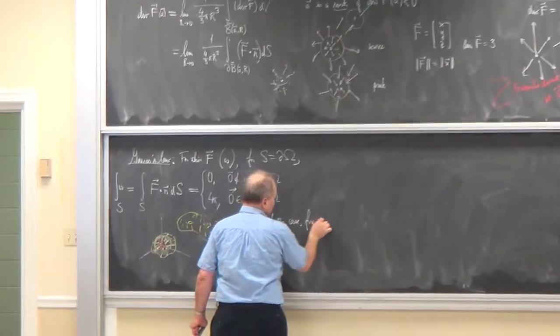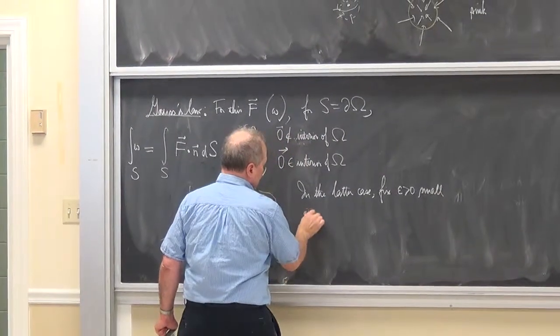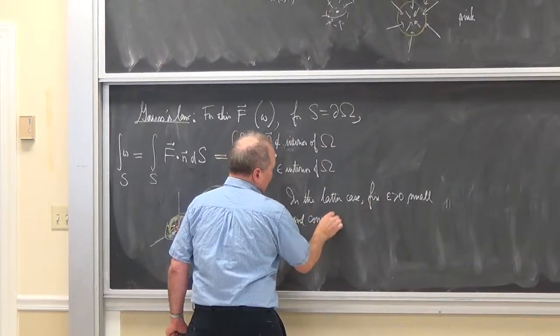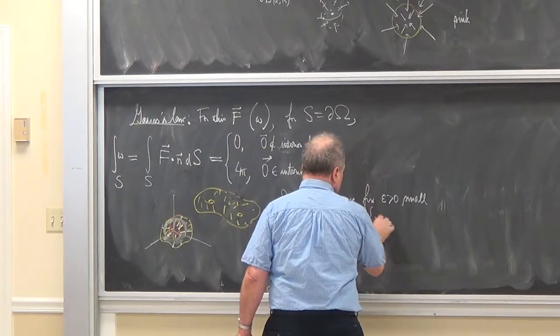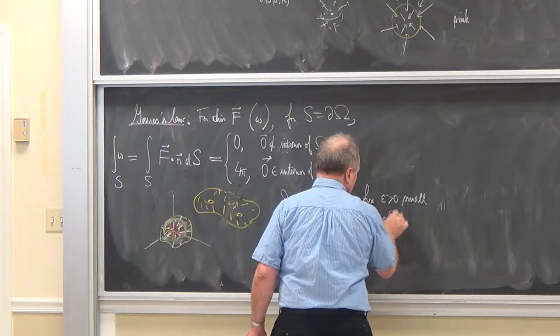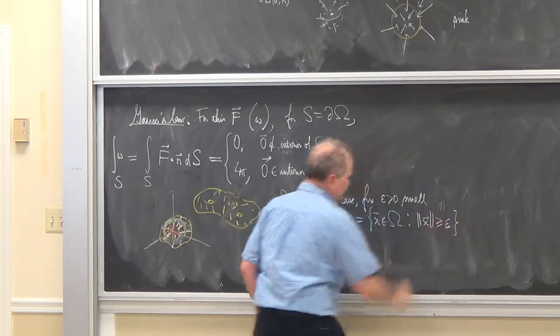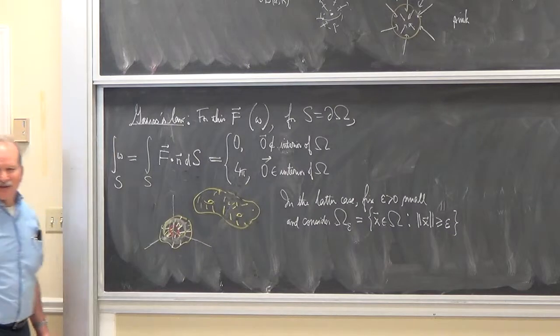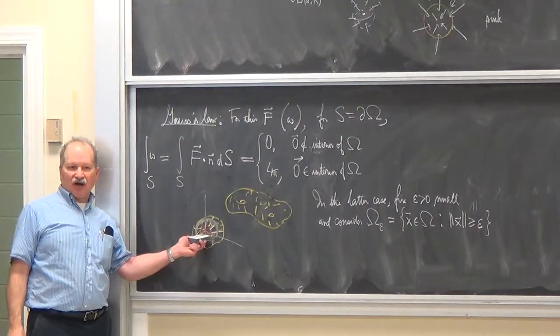fix epsilon small, but you don't have to do a limit, and consider omega sub epsilon, which is the points in omega such that the magnitude is at least epsilon. So do you understand what I'm doing here? I'm just removing the stuff distance epsilon from the origin.